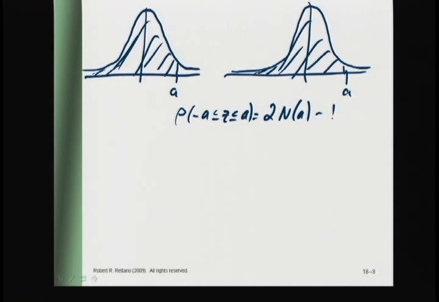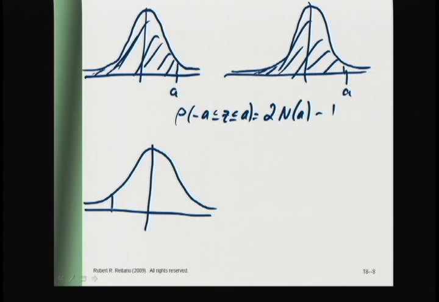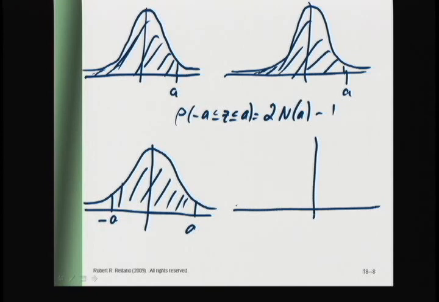And then if for a moment we take the left curve, what we're going to do is remove the left tail at minus A, and we're going to move that probability to the right tail of the upper distribution, the right-hand distribution. You see what happened.